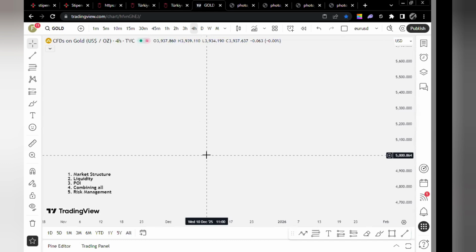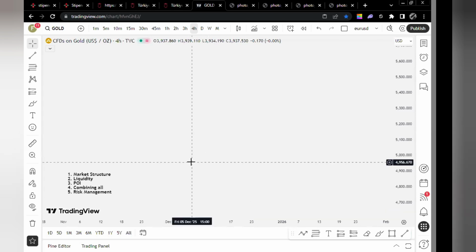You could call liquidity a trap, just a trap market sets. As simple as that. Liquidity can be called a trap.